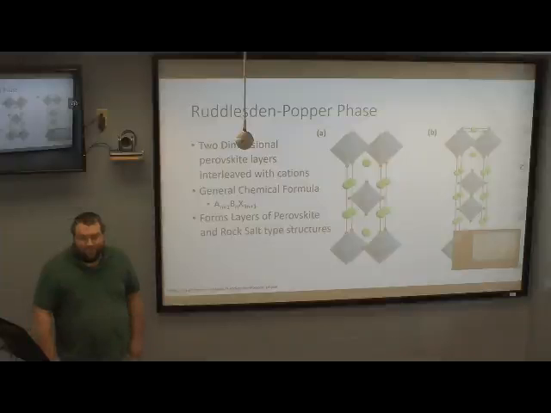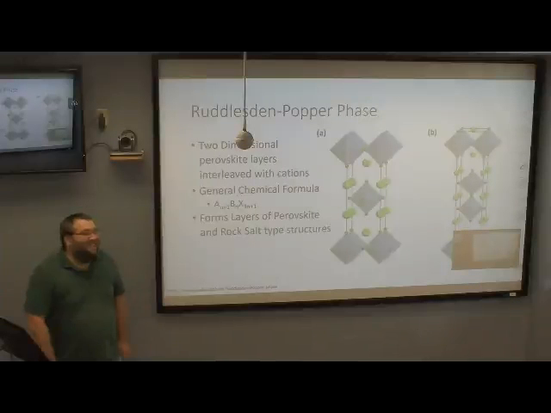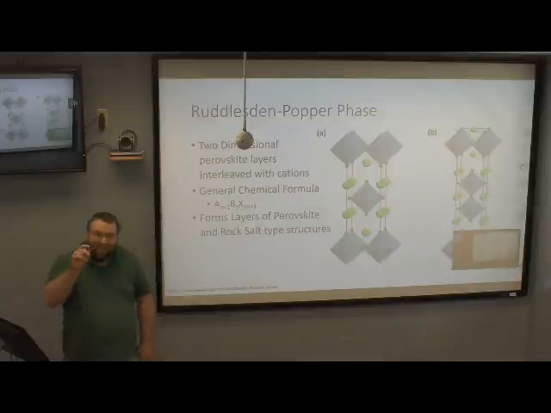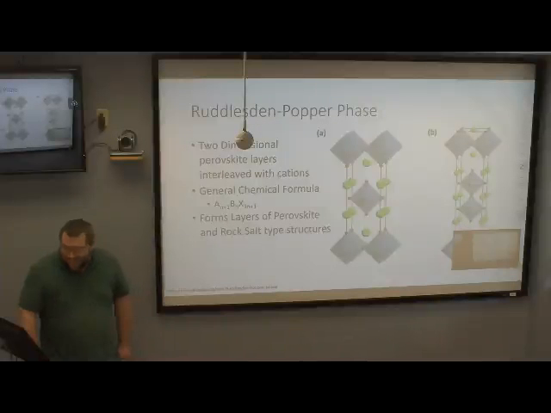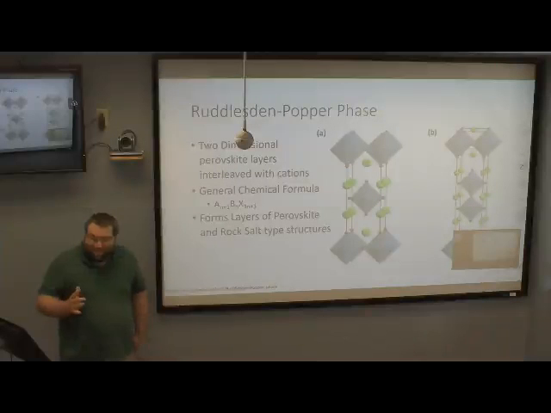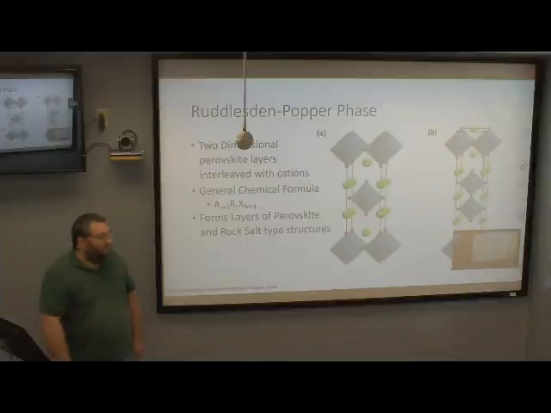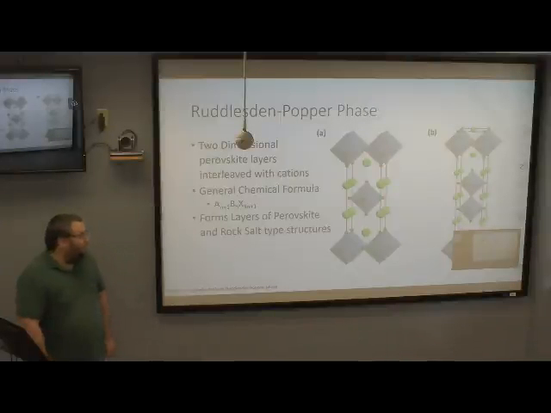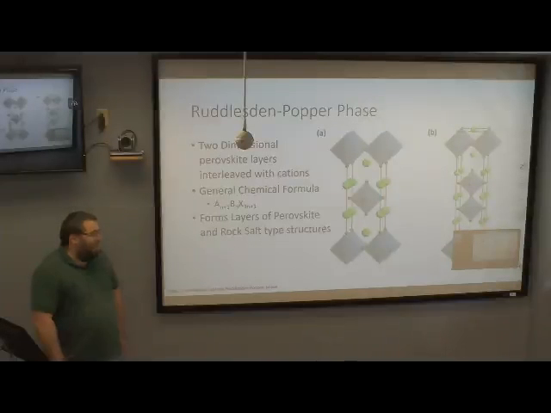I think it was Ruddlesden. I don't remember which one. I have that paper on my computer though. It was discovered in 1957, and he was looking at an oxide peroxide.